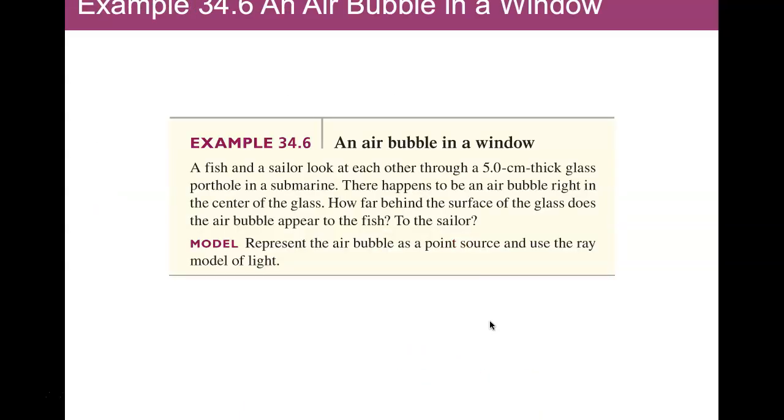Okay. So here's an example. Again, let's read through this and then pause the video, try to find the solution. So we have a fish and a sailor that look at each other through a 5 centimeter thick glass.